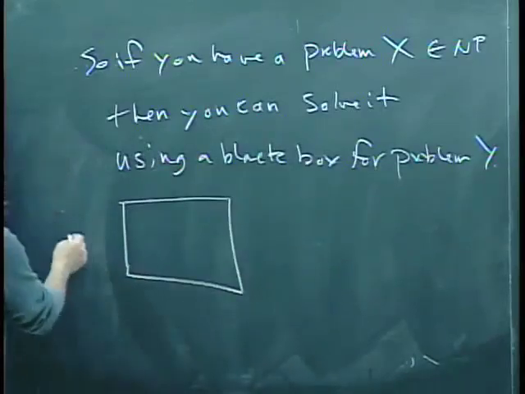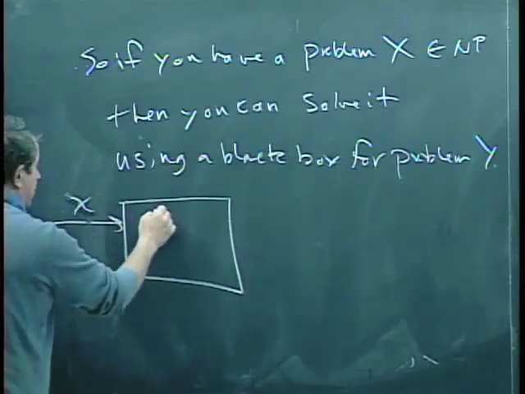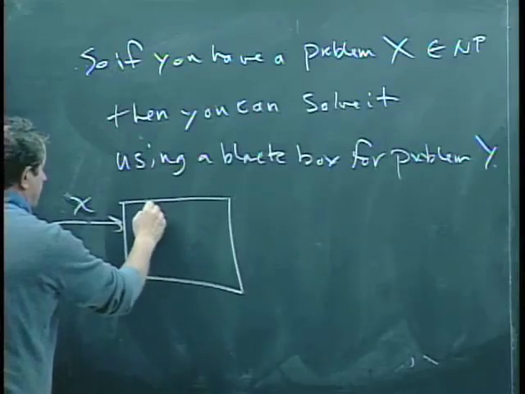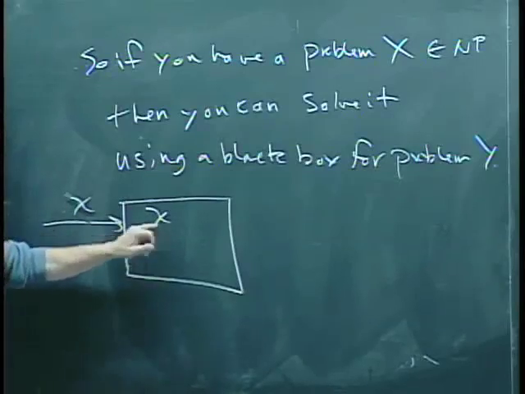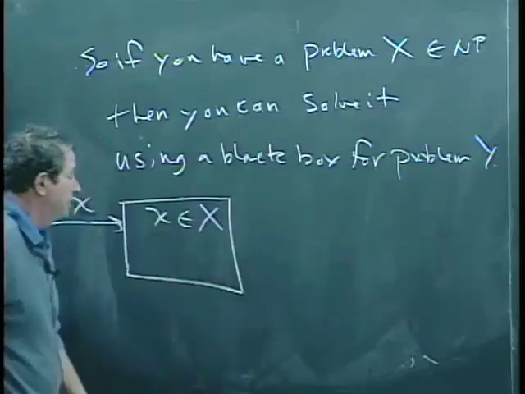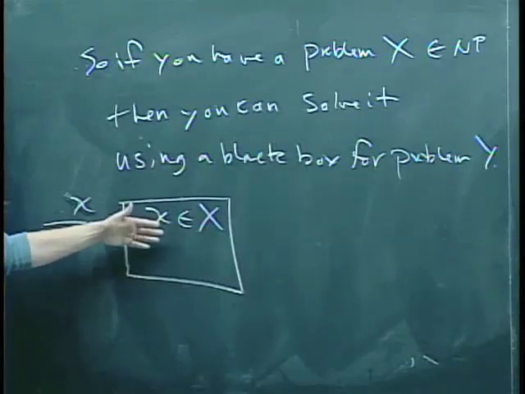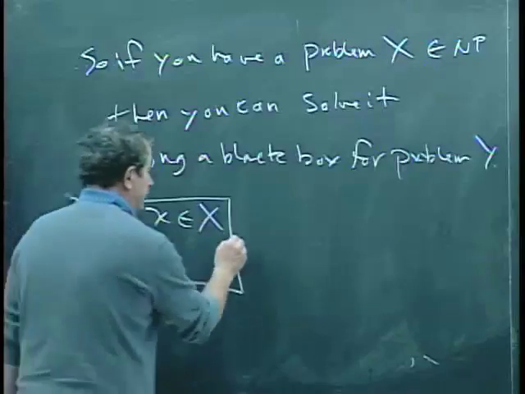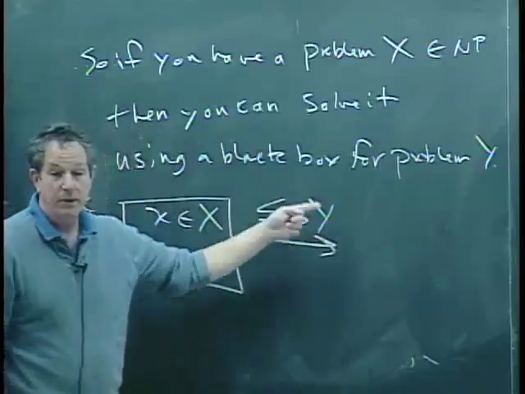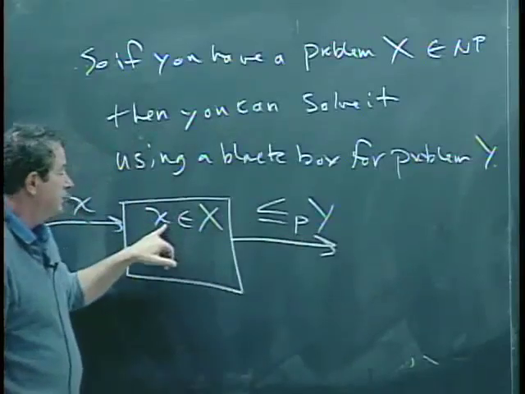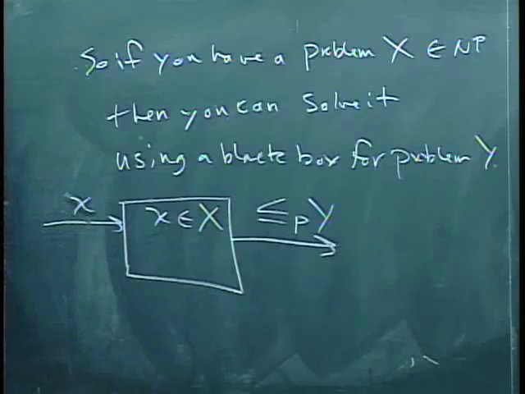So in comes an instance of problem X, and you're interested in solving that instance of problem X. So you want to know, is little x contained in capital X? But instead of solving that directly, what you do is a polynomial time reduction to Y, which means this is an algorithm here which takes in little x, works on it in polynomial time, and produces an instance little y.